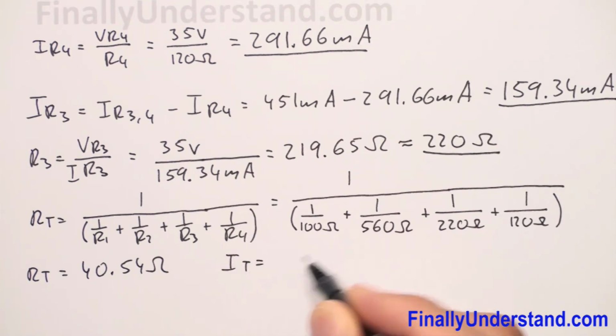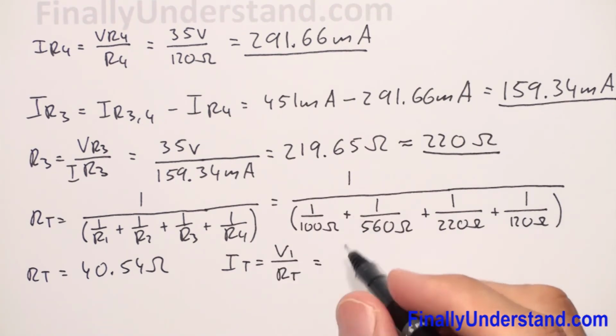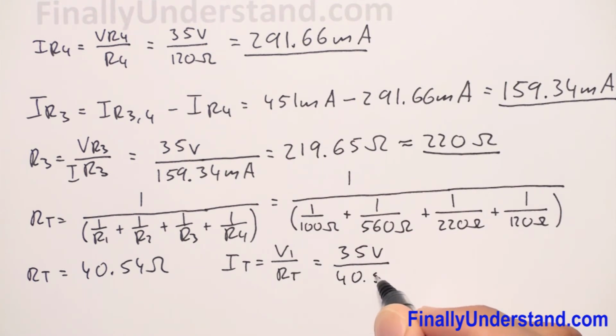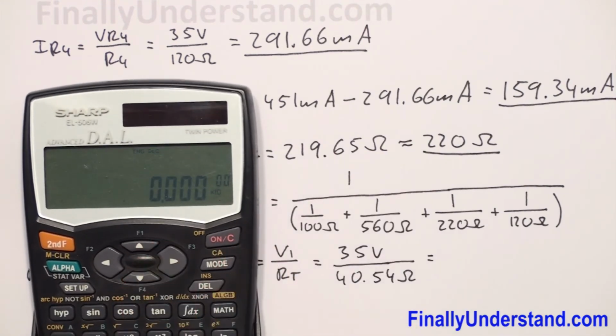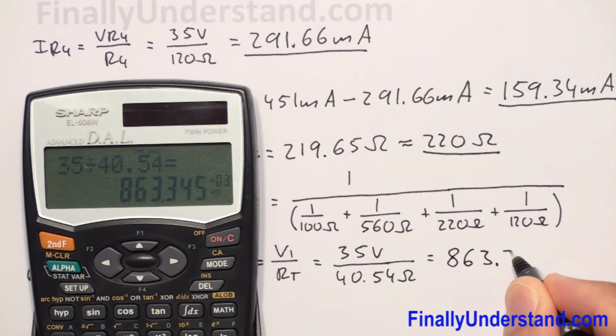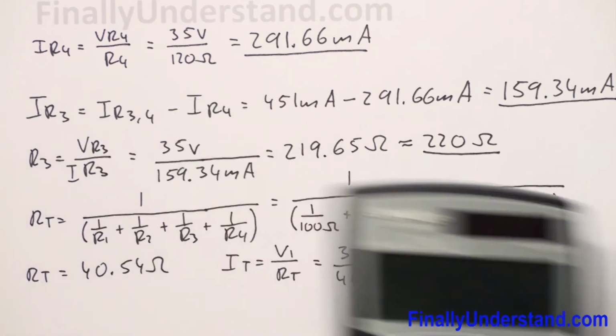I total is equal to the voltage source V1 over R total. V1 is 35 volts over my R total, which is 40.54 ohms. This is 35 divided by 40.54, which equals 863.34 milliamps. So this is my total current.